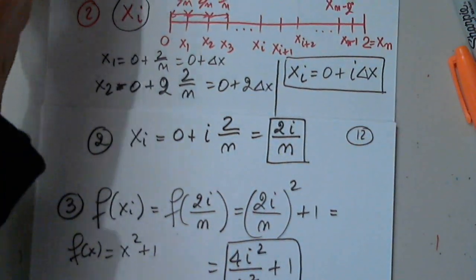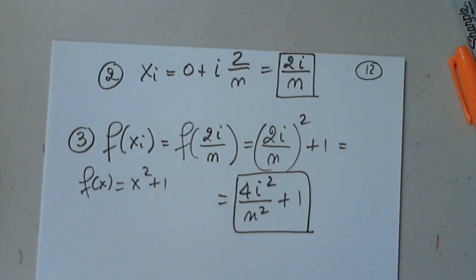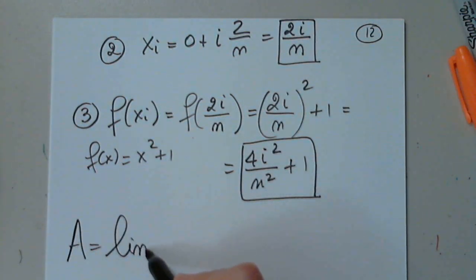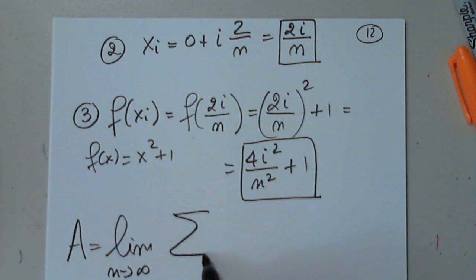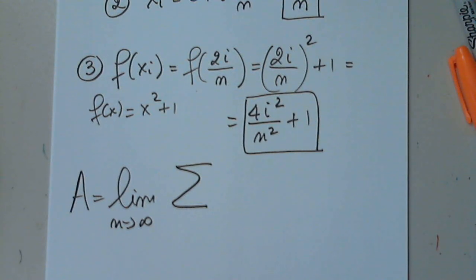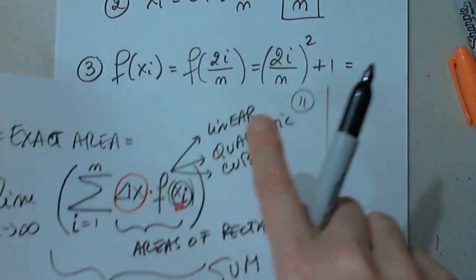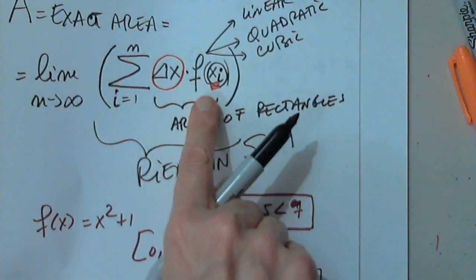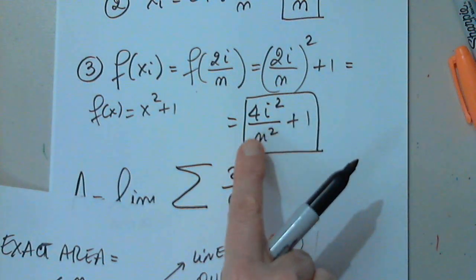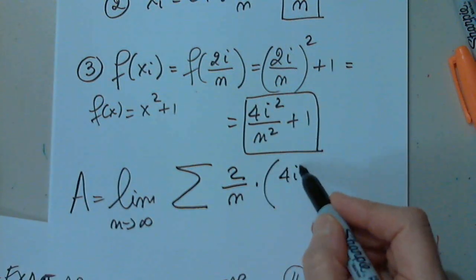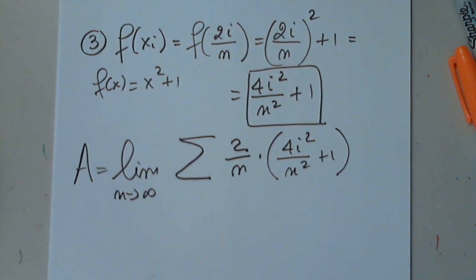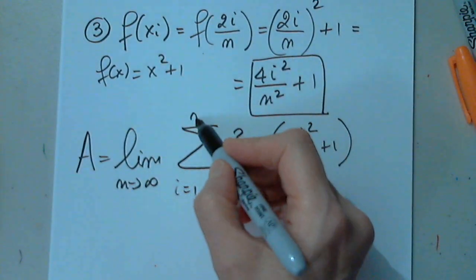Okay, now, finally, I shouldn't say finally because it's not finished, I can write the exact area: the limit as n approaches infinity of the sum of delta x, 2 over n, times f of xi, in parentheses, of course, 4i squared over n squared plus 1, from i equals 1 through n.